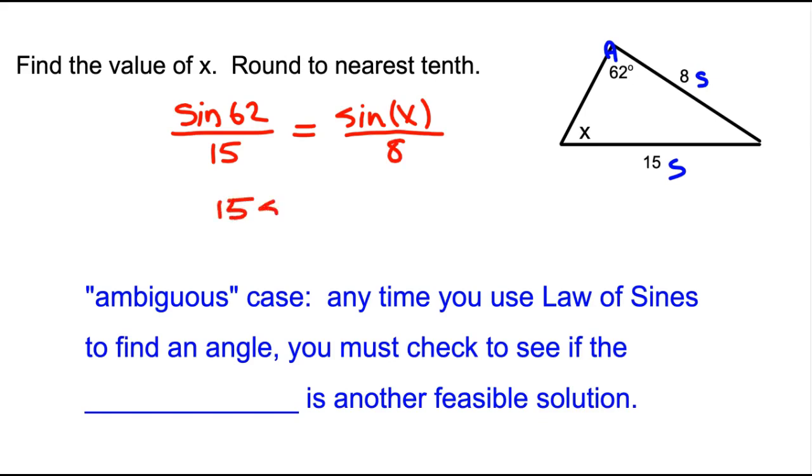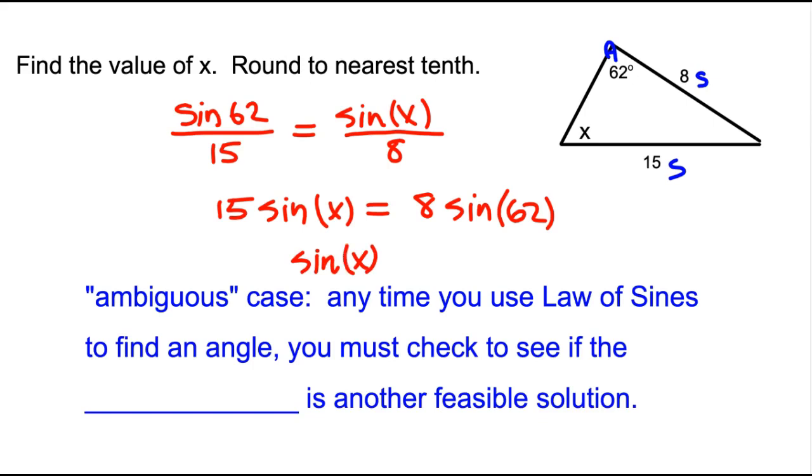So this is going to be 15 times the sine of x is equal to 8 times the sine of 62. And so you get the sine of x by itself, and that's equal to 8 times the sine of 62 all over 15.